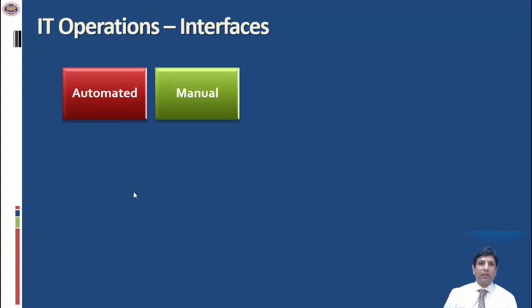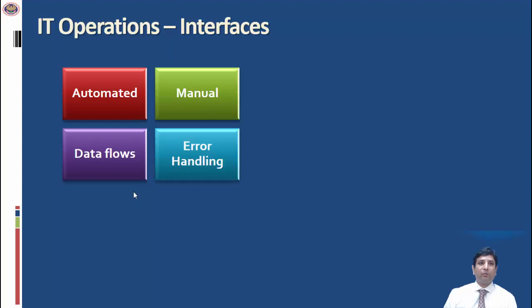Another example could be a manual interface. In this case, data is manually downloaded from one system and uploaded into another system. So we need to understand the data flows between the various systems and applications.